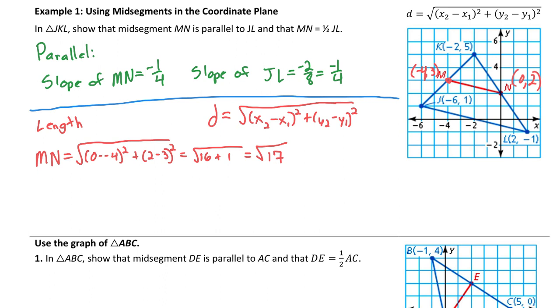I do the same thing for the length of JL. The square root of, and the points are given to us for JL. So if I do x2 minus x1, that would be 2 minus -6 squared, plus y2 minus y1 would be -1 minus 1 squared.